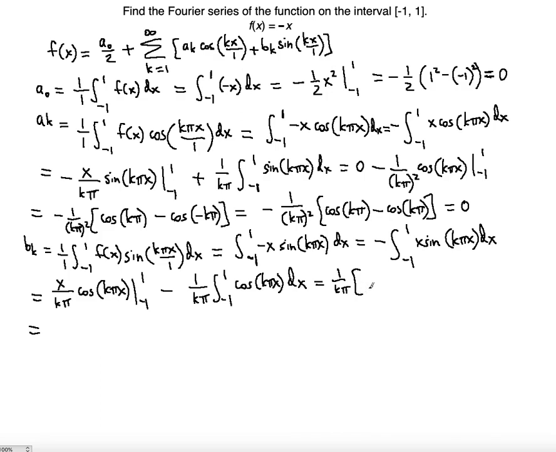So that's going to be 1 times cosine of k pi minus -1 times cosine of -k pi, right?